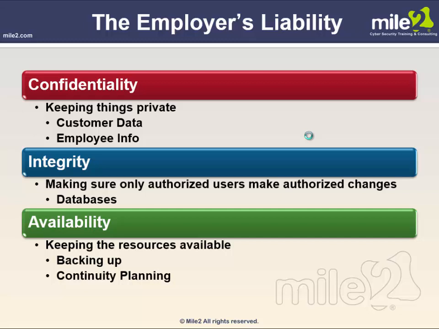And we have availability, which basically says that we keep the resources available by either backing up, having a continuity plan, and so forth. Now, we generally provide availability through the use of clustering or the use of load balancing and such.